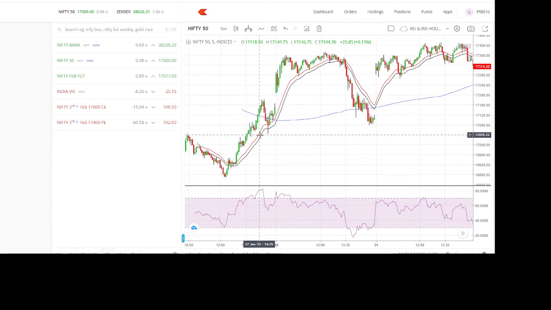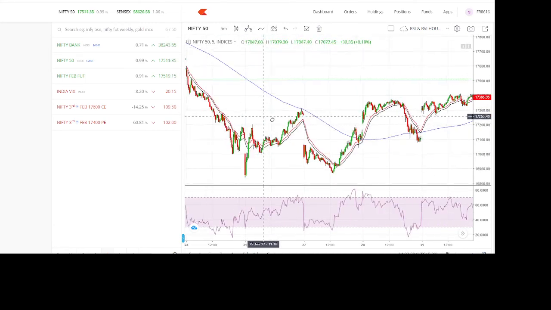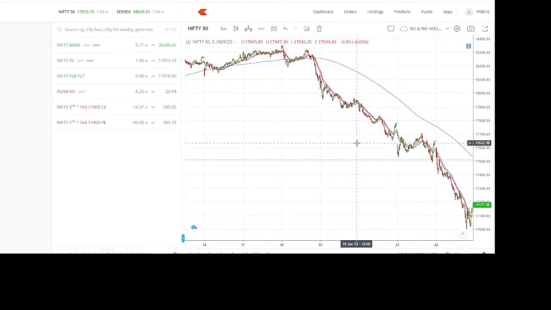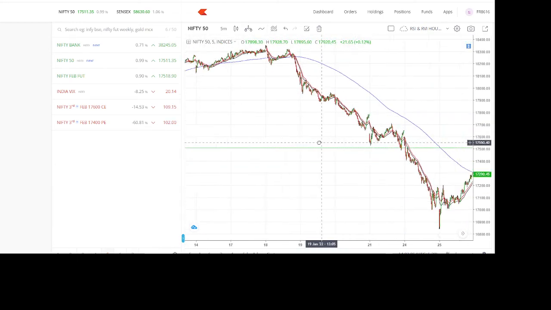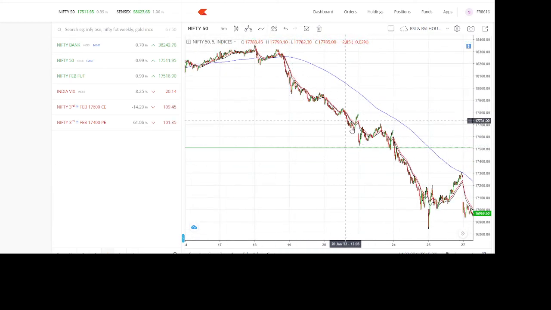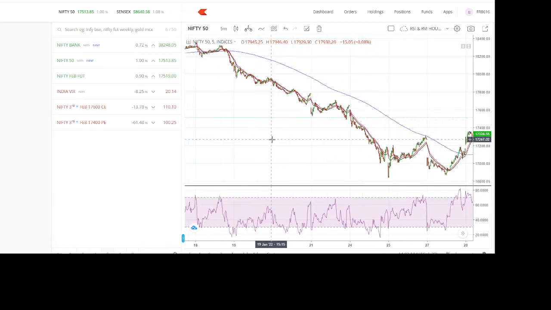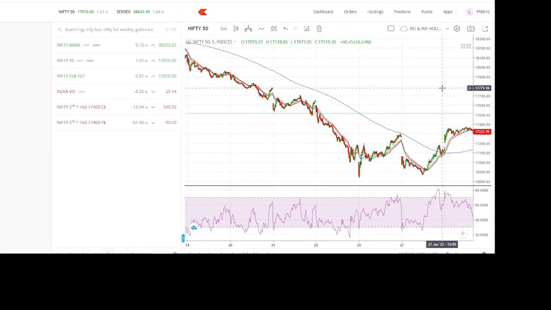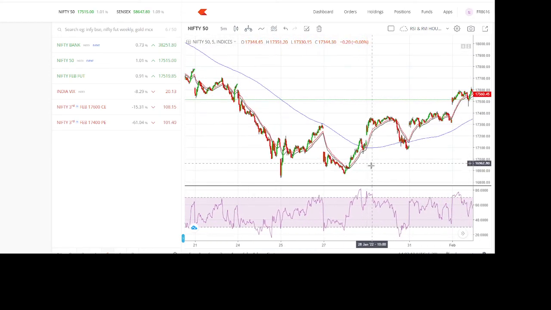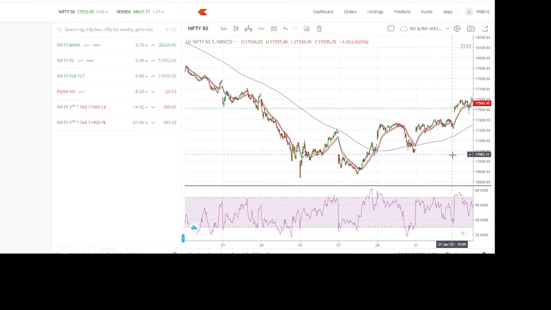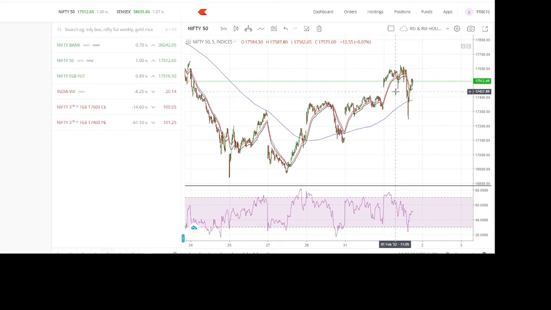Okay, 19 January, the market is coming down, coming down. This is the 200 exponential moving average, right? Now see, there was a buy signal. Here it came, traded above this. How beautiful. The market immediately changed its direction.